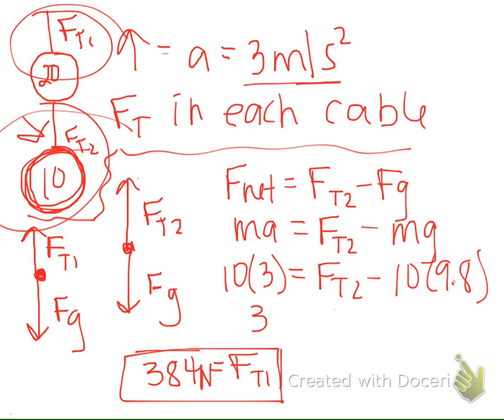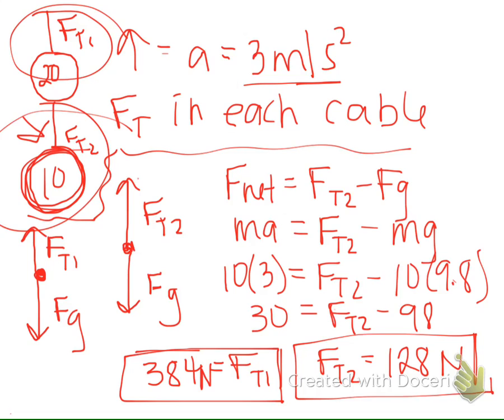Okay, so we have 30 equals F sub T2 minus 98. We add those over, and we get the tension in the second cable. 128 newtons. Okay, how's that feel? A little bit better?